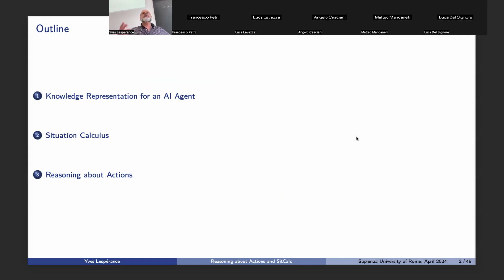Basically, first we're going to talk a bit about the knowledge representation problem that an AI agent is facing, and then we'll discuss a specific logical framework for reasoning about action that you can use to represent the problems that the agent is dealing with, and possibly the agent can use this to make decisions about how to act.